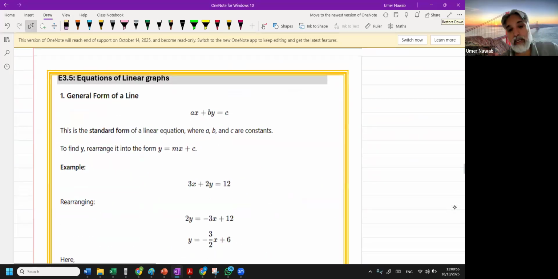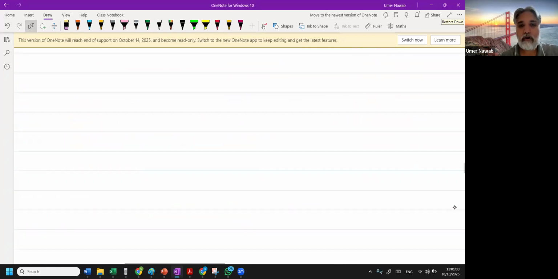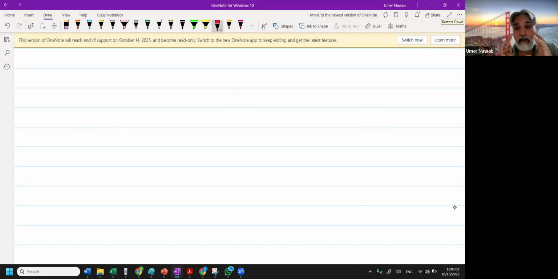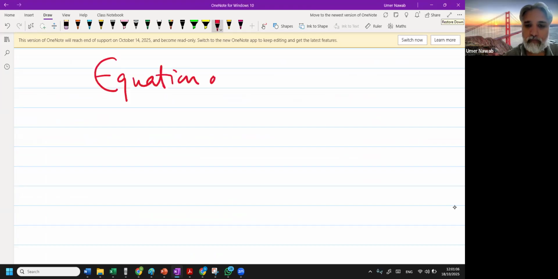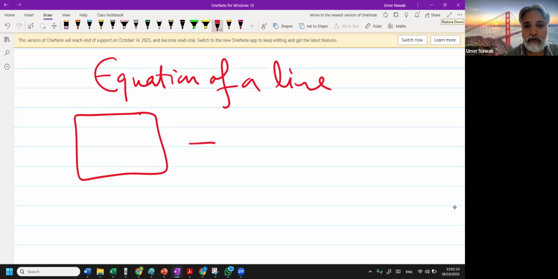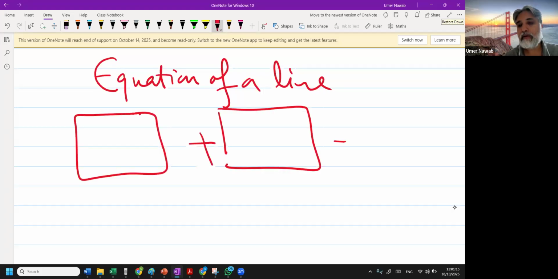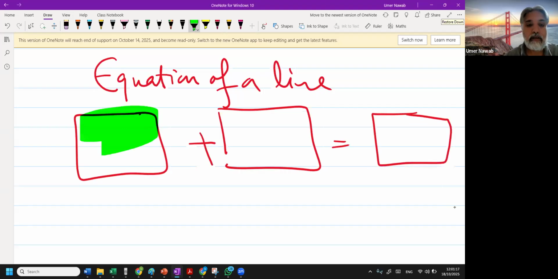Now the final stage came, equation of a line. Actually, there are two forms whenever I learn equation of a line. It is always given in this form. 2 terms on the left and 1 term on the right. This term has x. This term has y.